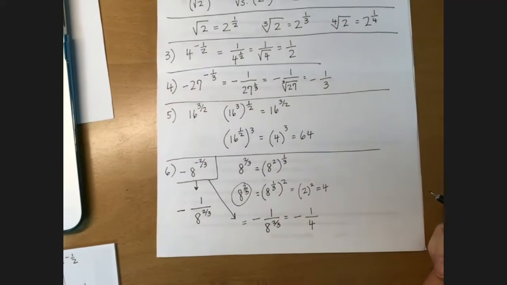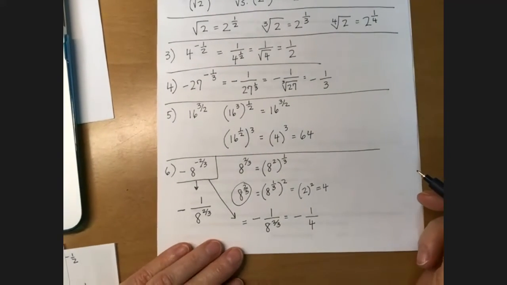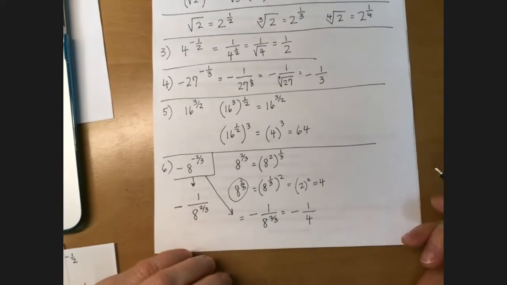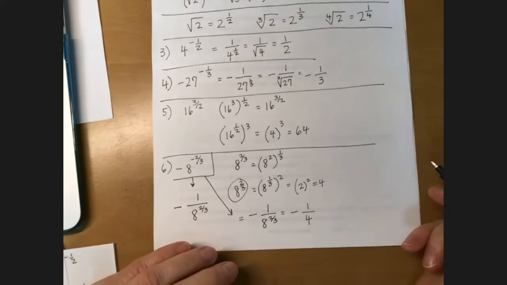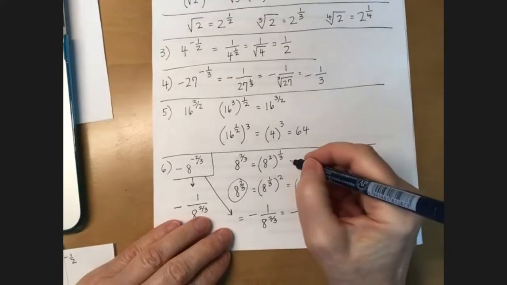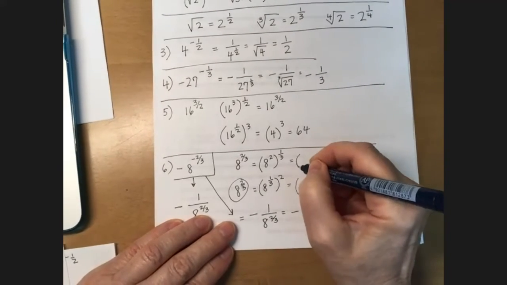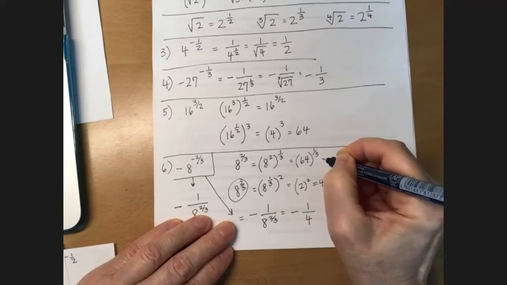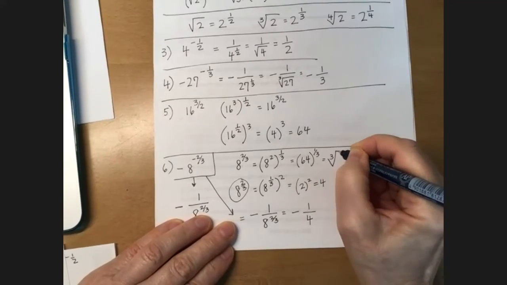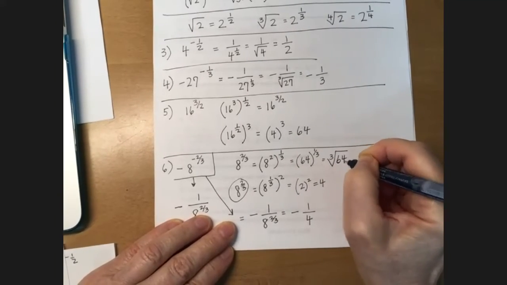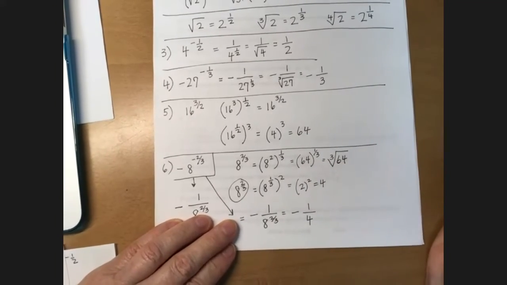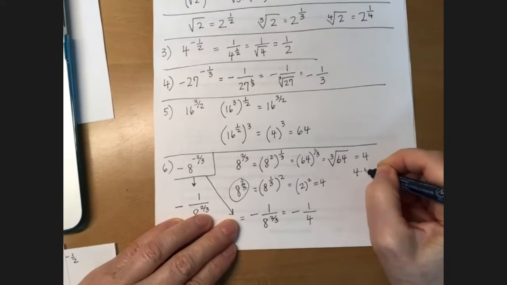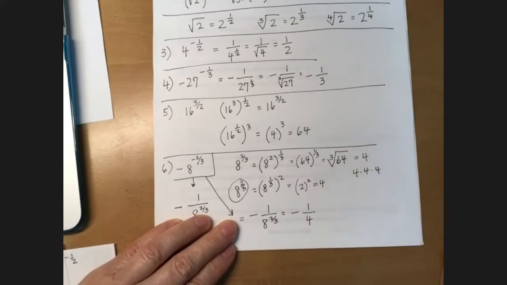So that's the lesson. I hope this helped you to master it. But before I sign off, let's just see if this gives you the same answer. This gives you 64 to the 1/3, or the cube root of 64, which is 4. 4 times 4 is 16 times 4 is 64.